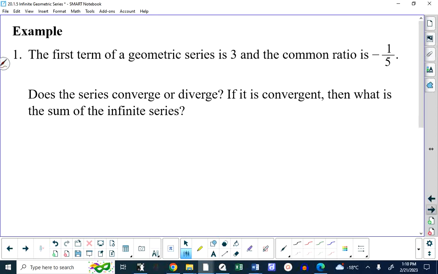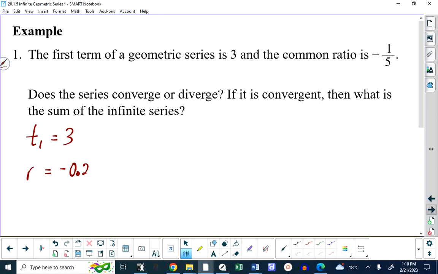So we're going to generate a table again. Let's write out the parameters of this series. T1 is 3 and R is negative. I'm going to go with decimals just because it's easier to do the work on the calculator with decimals. I think -1/5 is -0.2. Okay.